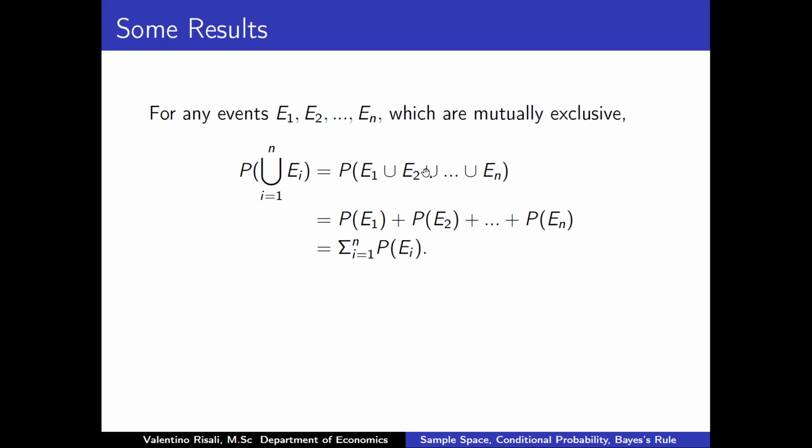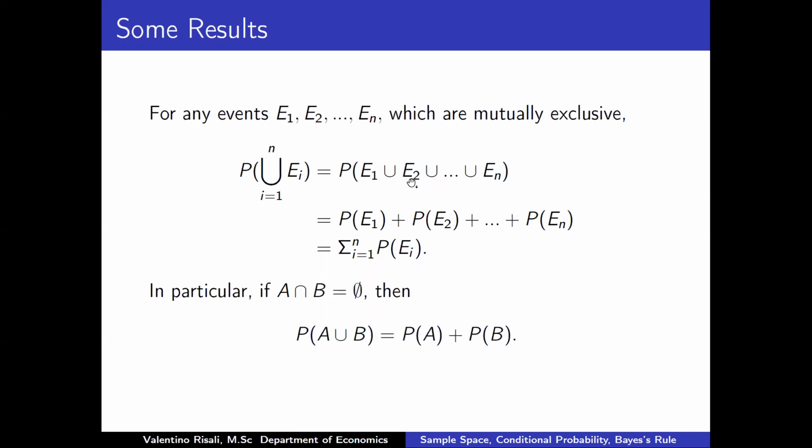We can count it by hand, right? Because we have only n elements or n values. And for a more particular case, we deal with only two events, A and B, which are mutually exclusive. Then we get that the probability of A union B is equal to PA plus PB, like this equation.